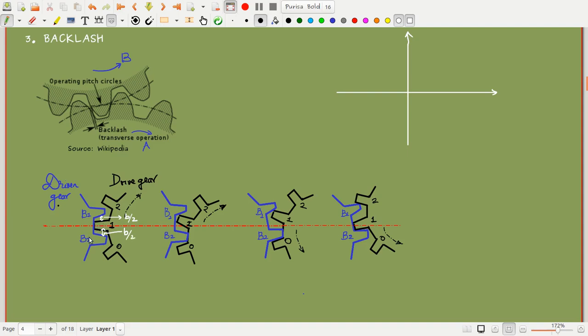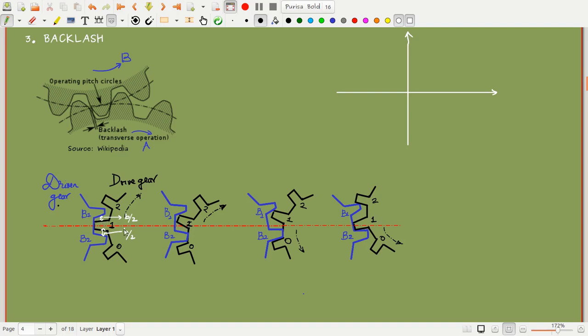So this tooth is in the center. If you look closely at this figure, this tooth has to move a distance of B by 2 to touch the B1 point, tooth B1 of the driven gear.